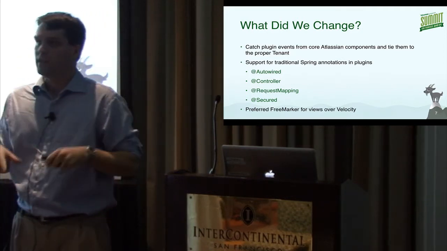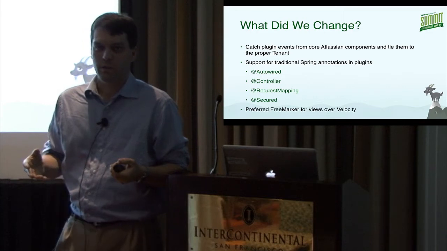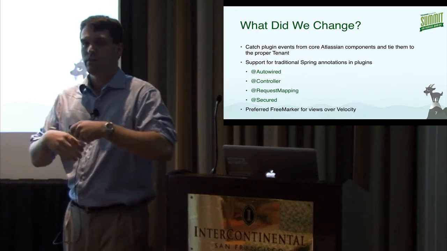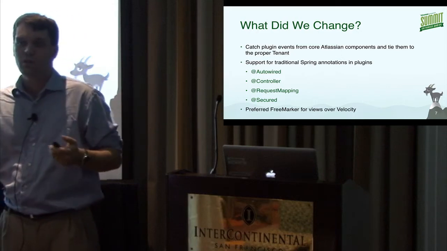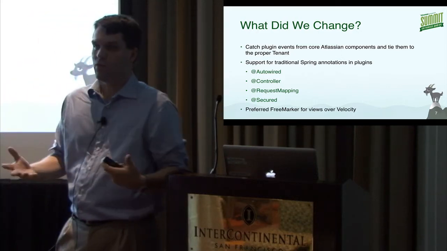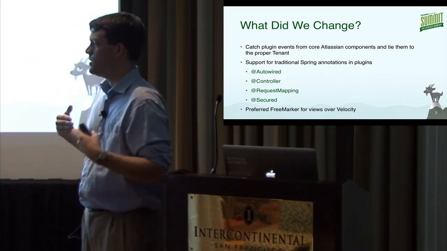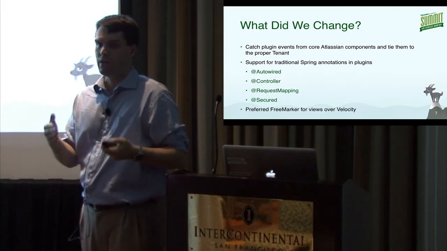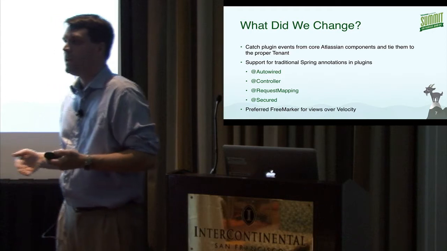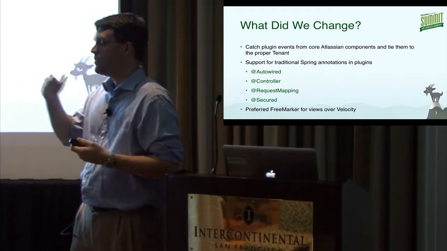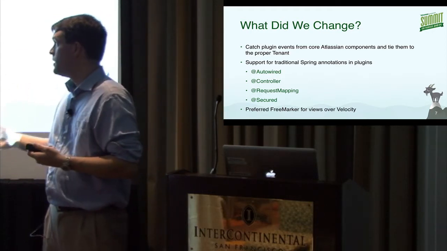Additionally, the Spring support inside of the plugin framework did not support all of the modern annotations for Spring. So there was some support for it, obviously, but we wanted to be able to have developers write plugins just like they were writing regular Spring beans. So we added support for looking for the auto-wired annotation.